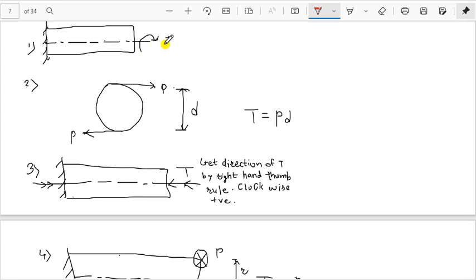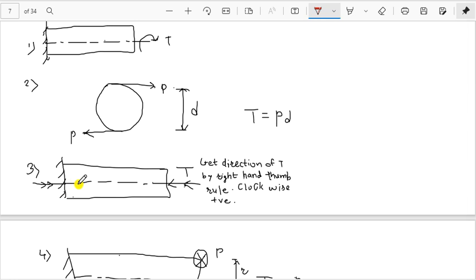Mainly torque is represented this way, or another way is like this: two forces, equal and opposite forces at extreme points, which are distance diameter d apart from each other, so that T will be equal to P into distance between them, perpendicular distance, smallest distance between the two forces.